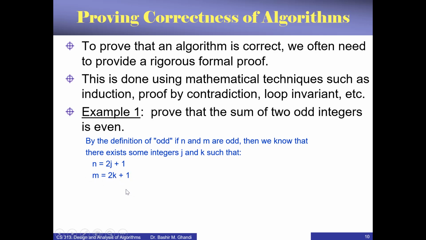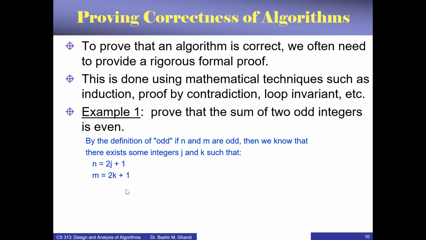Any odd number can be represented as another number times 2 plus 1. For example, if I give you 9, 9 is odd. Can we represent it as 2 times another number plus 1?